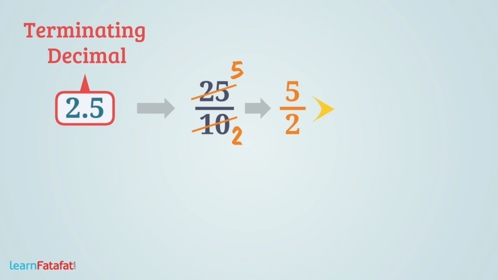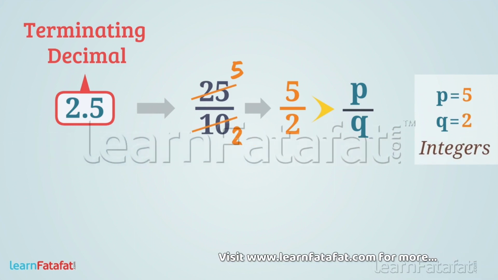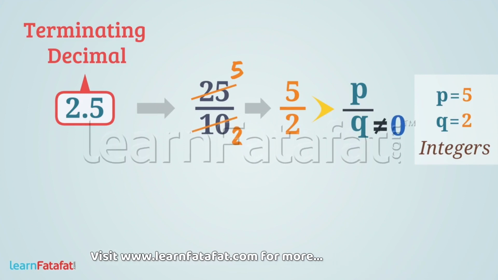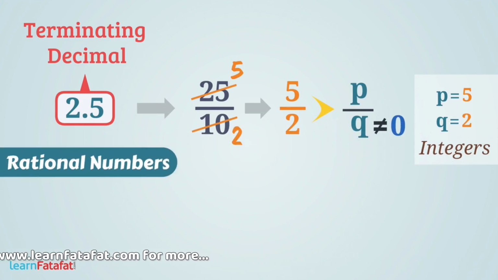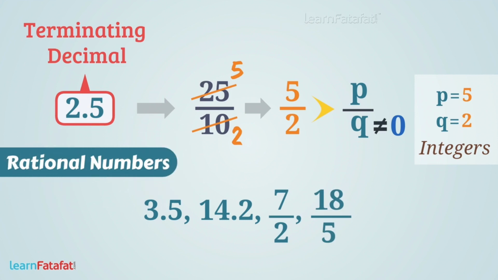So we are able to express this terminating decimal number in p by q form where p, that is 5, and q, that is 2, are integers and q, that is 2, is not equal to 0. So 2.5 is a rational number. Like 2.5, 3.5, 14.2, 7 divided by 2, 18 by 5 are all rational numbers.